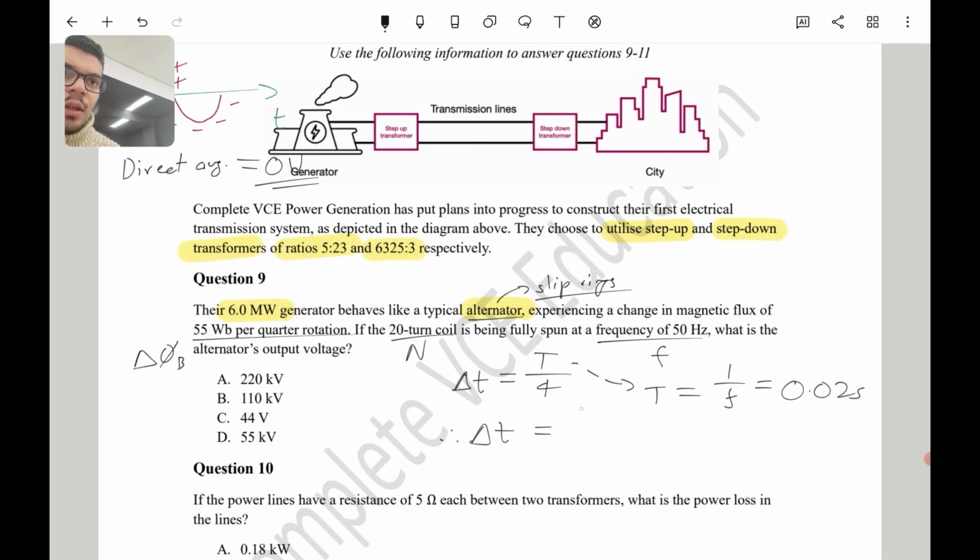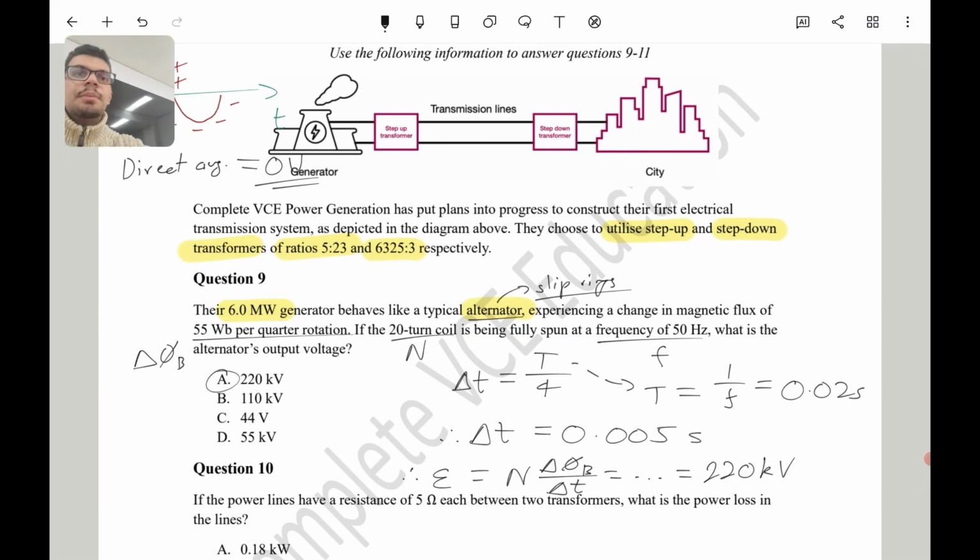Therefore, delta t is going to be this value divided by 4, which is 0.005 seconds. Now we can plug this into our EMF formula, and we should get the answer, which should be 220 kilovolts. Okay, that will be the answer for this particular question.